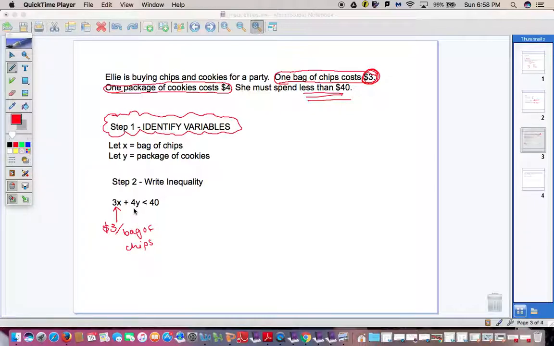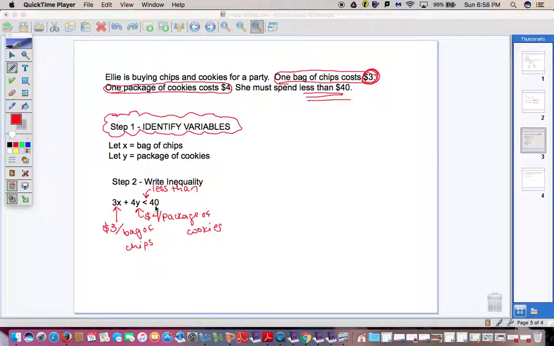And here I have $4 for each package of cookies. $4 for every single package of cookies. And then we have this symbol here that means less than.